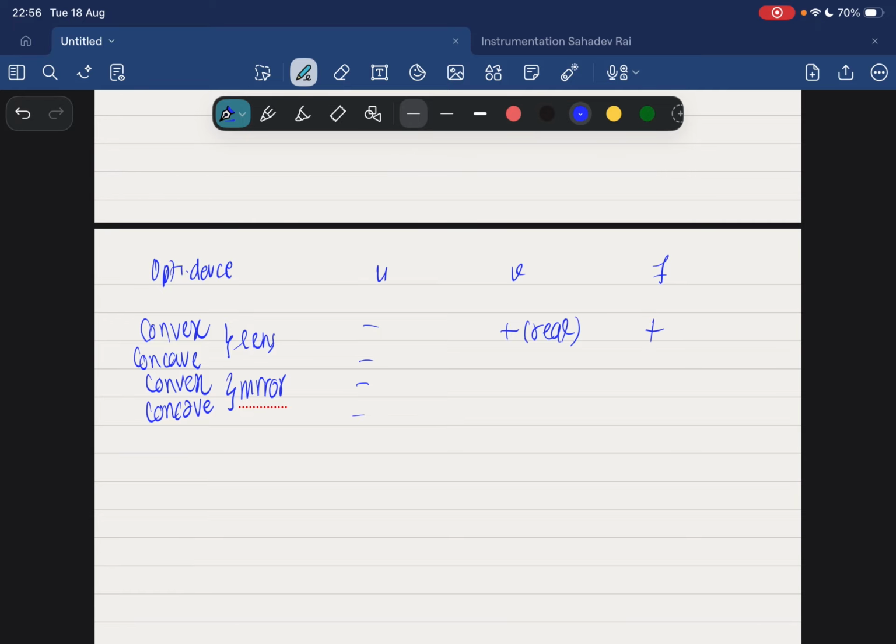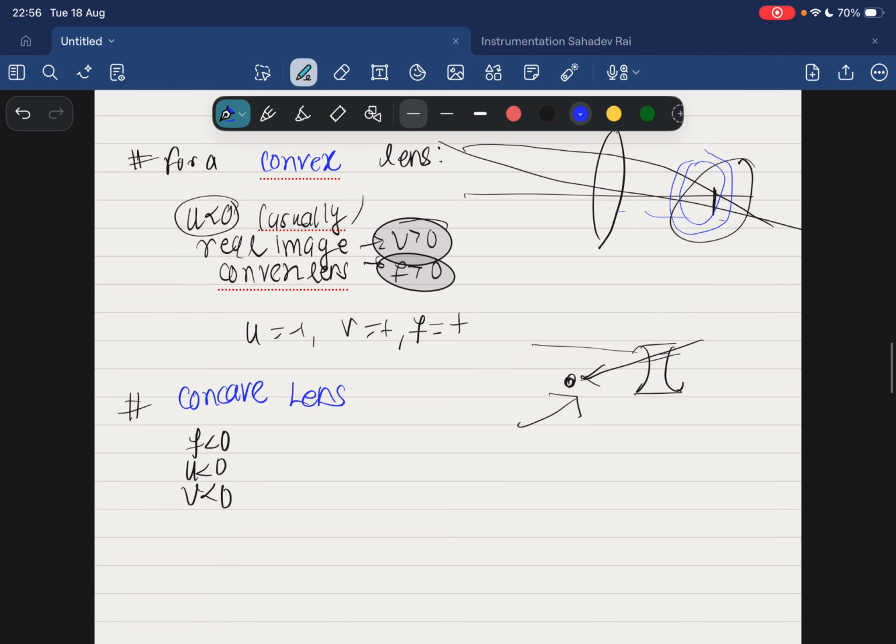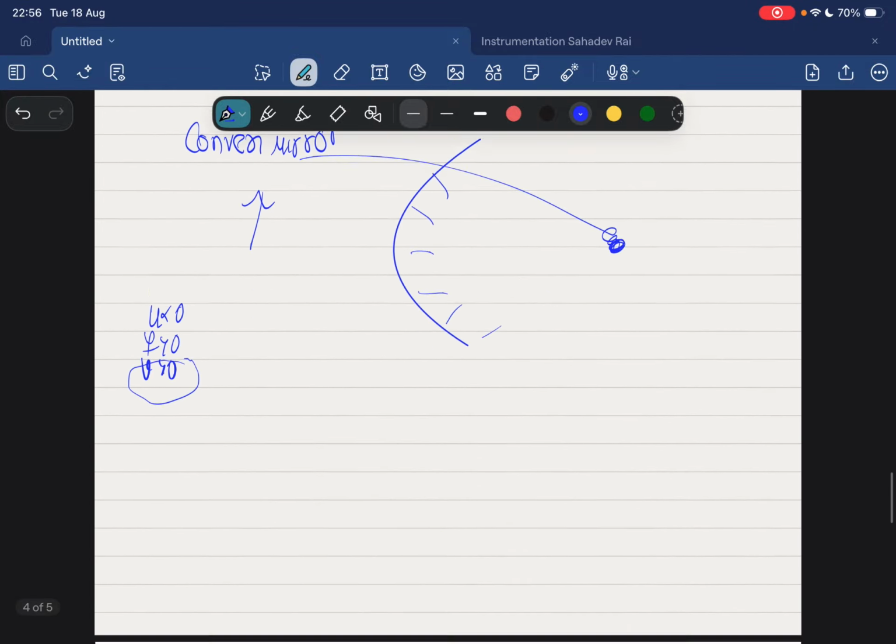Concave lens, as you see right here, has a focus which is right here, in front of the mirror, therefore we have focal length negative, we have object negative, and the image is found right here, therefore it is also negative. I hope you are understanding this.